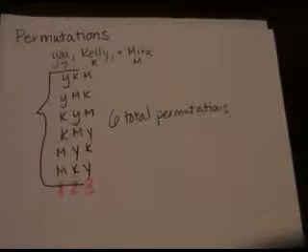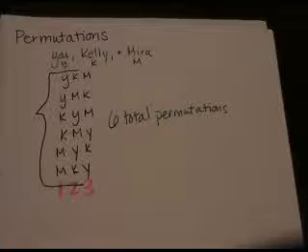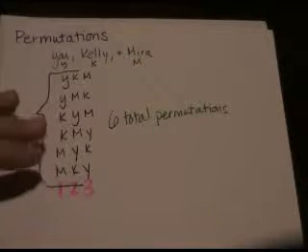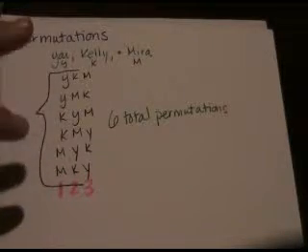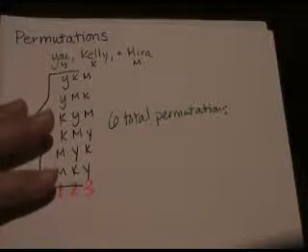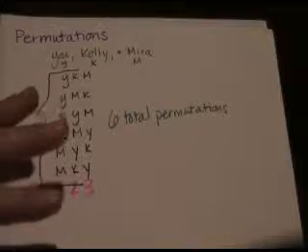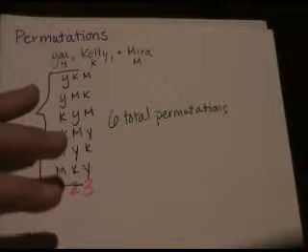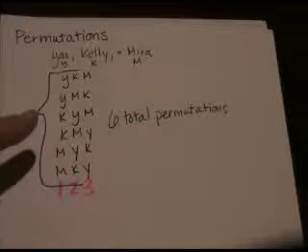Guess what? If you had brought 20 of your closest friends, you could do the same thing. You could figure out exactly how many possible permutations there were, but it would take a whole lot more work because that's a lot more options.